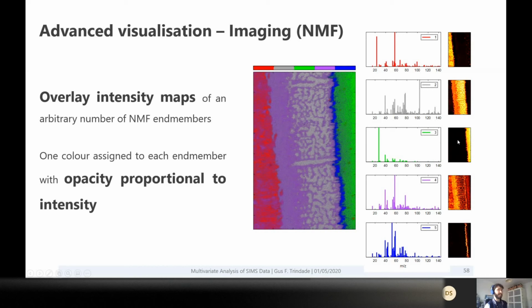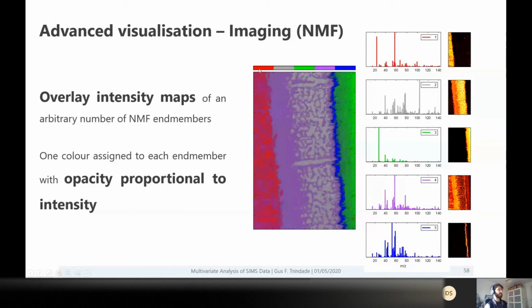But you can also assign each of these end members a color and then overlay them. So this intensity will be mapped into the opacity or transparency of its corresponding color. That's what you get in the end.